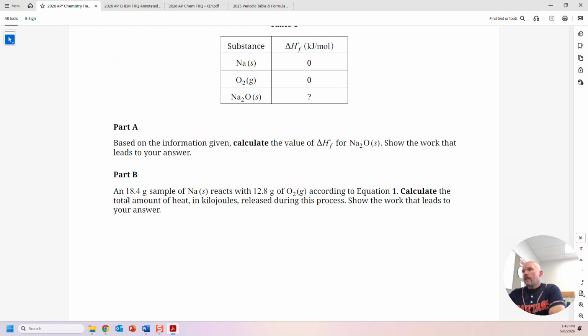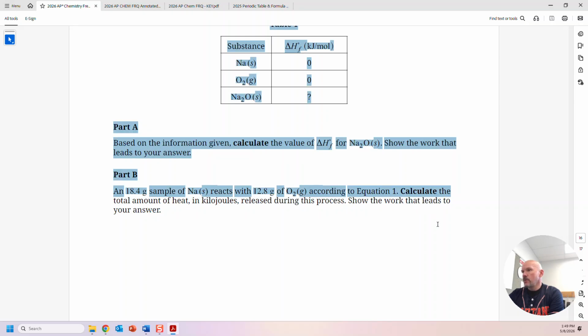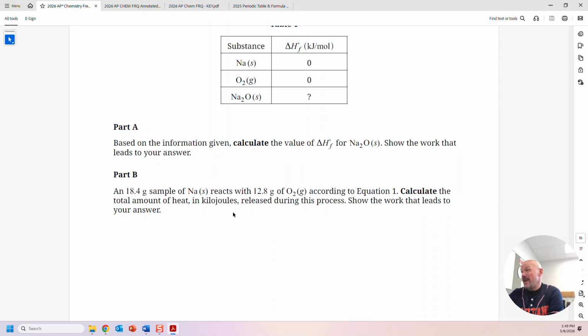Then in part B, it says 18 grams of sodium react with 12.8 grams of oxygen, and we want to know how much heat can be produced. Show the work that leads to your answer. So this is just limiting reactant stoichiometry because we have an amount of both things.